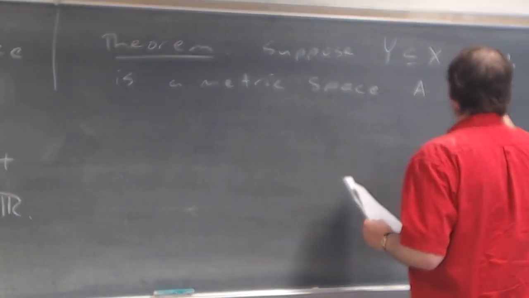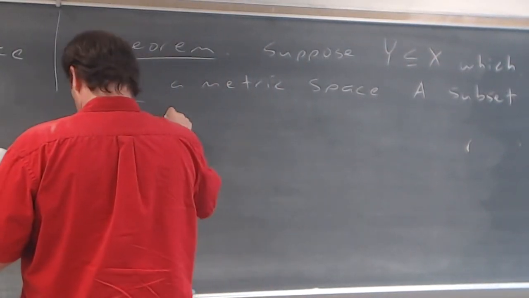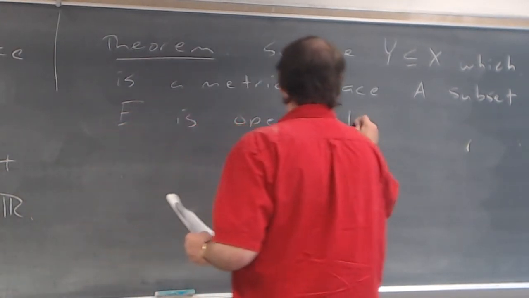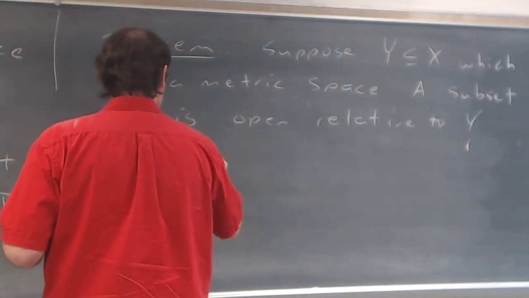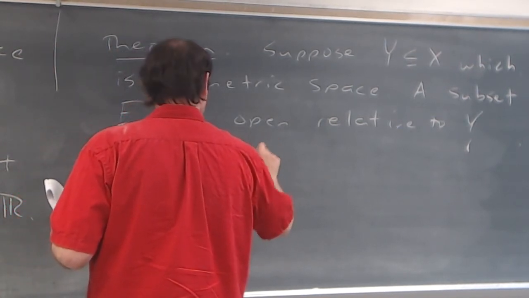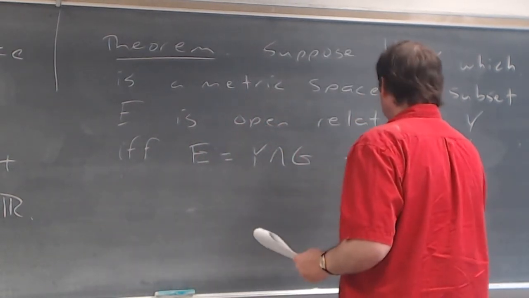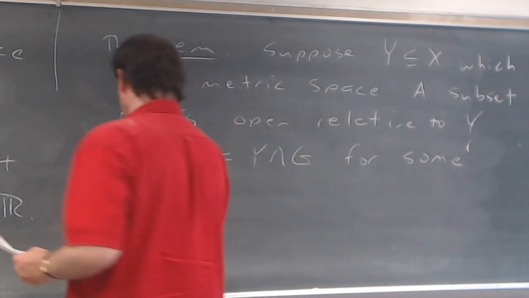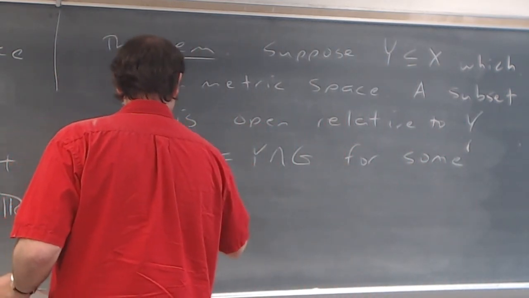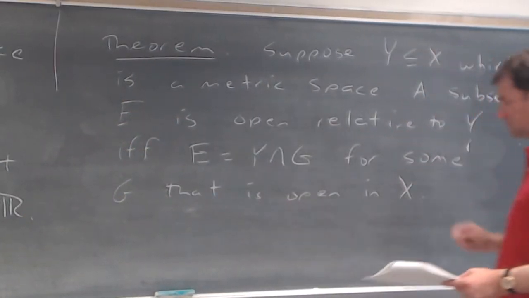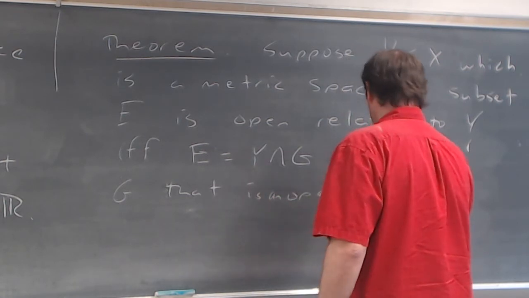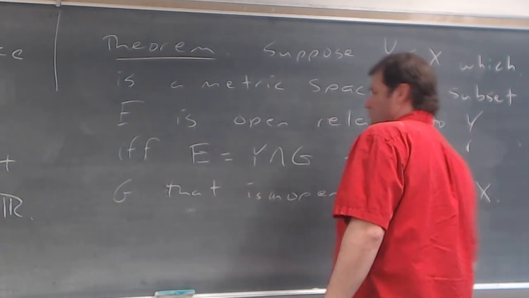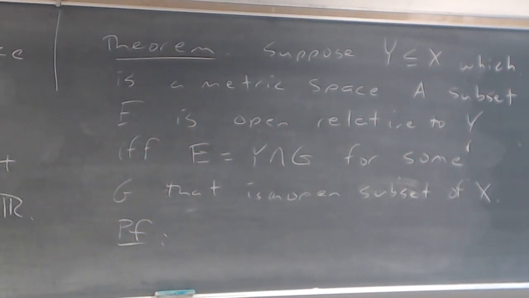A subset E is open relative to Y if and only if E is equal to Y intersect G for some G that is an open subset of X. So this is an if and only if statement, so we'll have two directions.